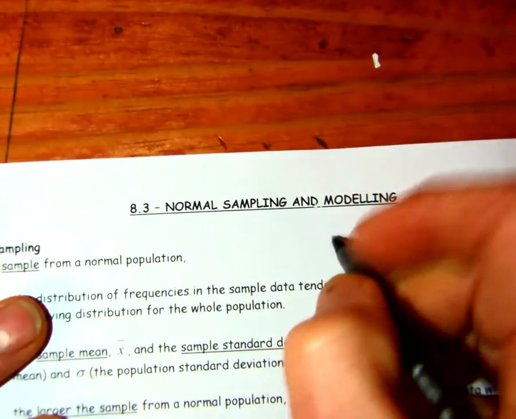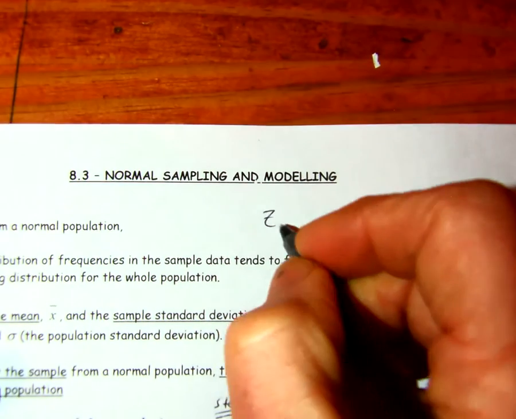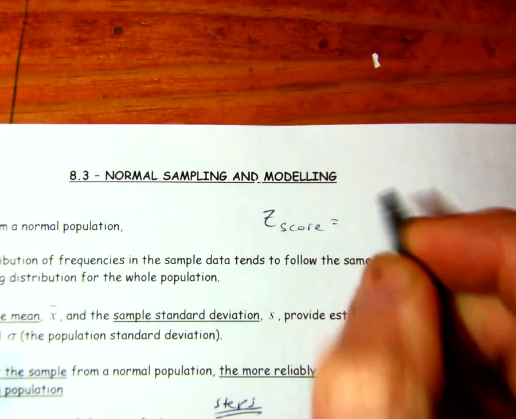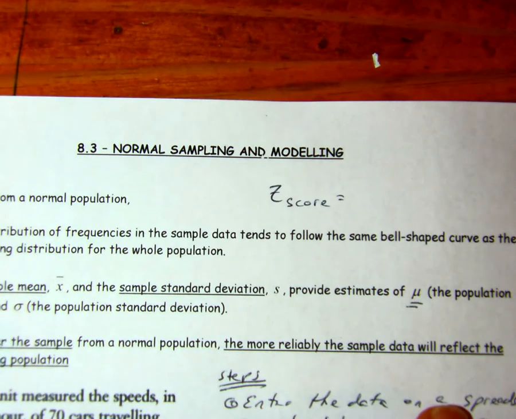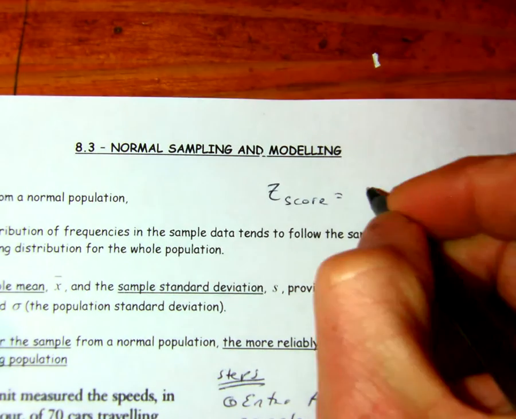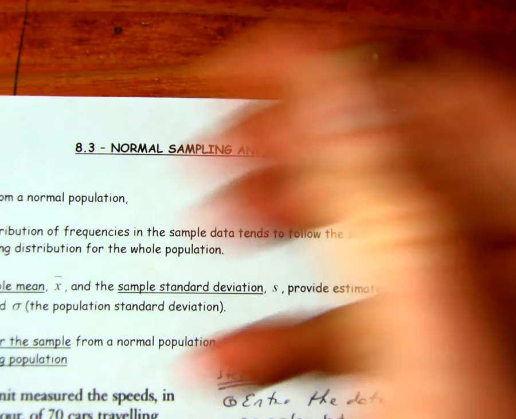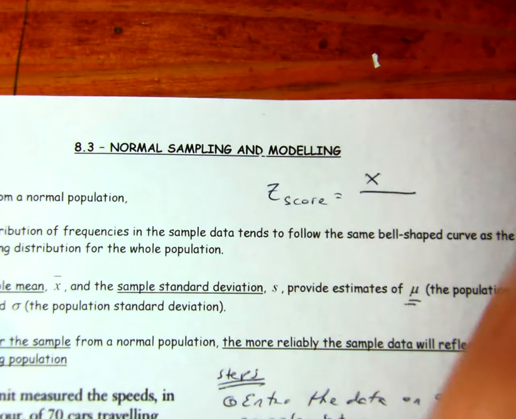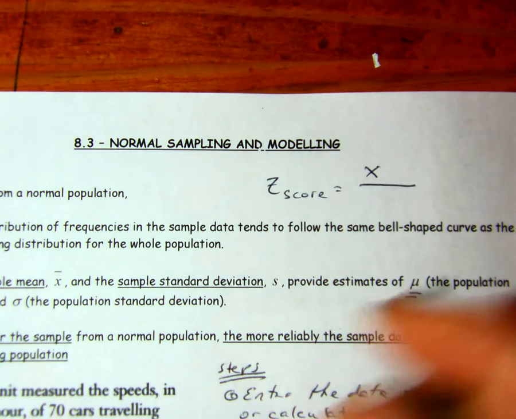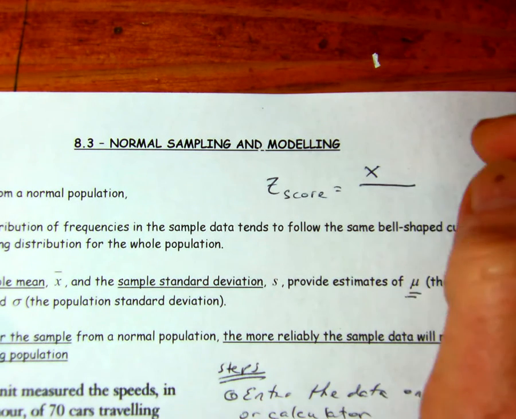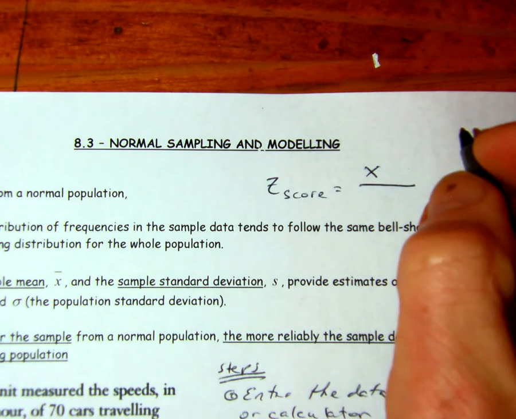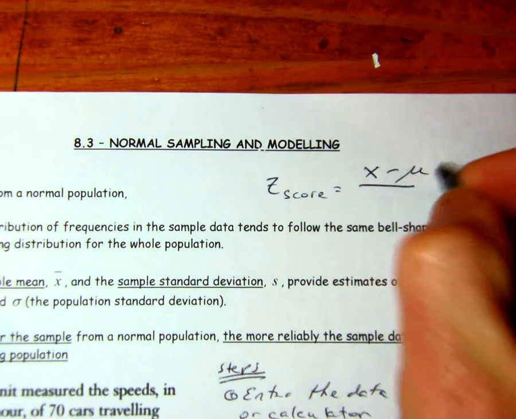So remember, a z score, what's the formula? You take the x value, and then you do two things to it. You subtract the mean and divide by the standard deviation.